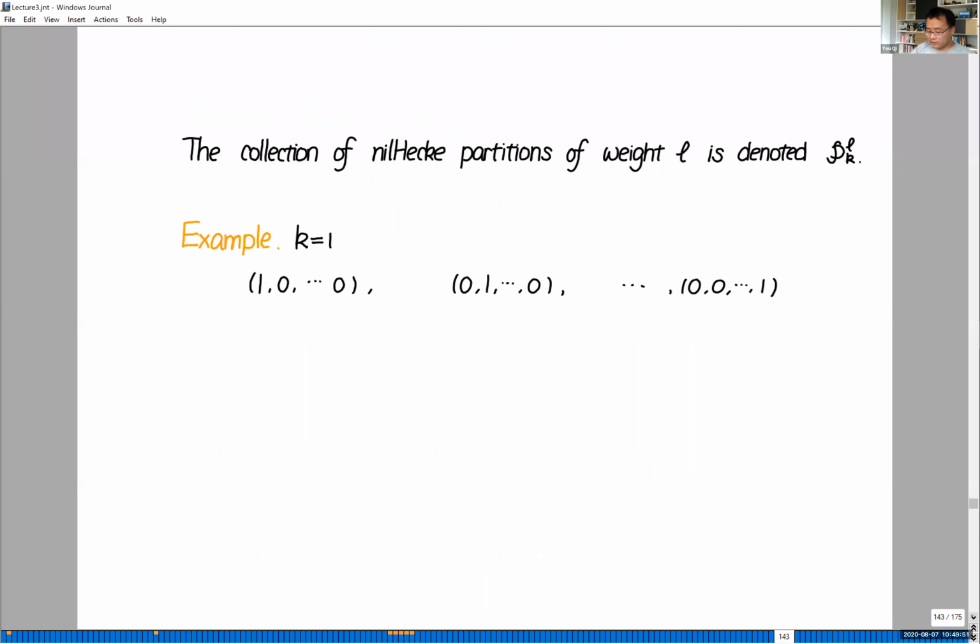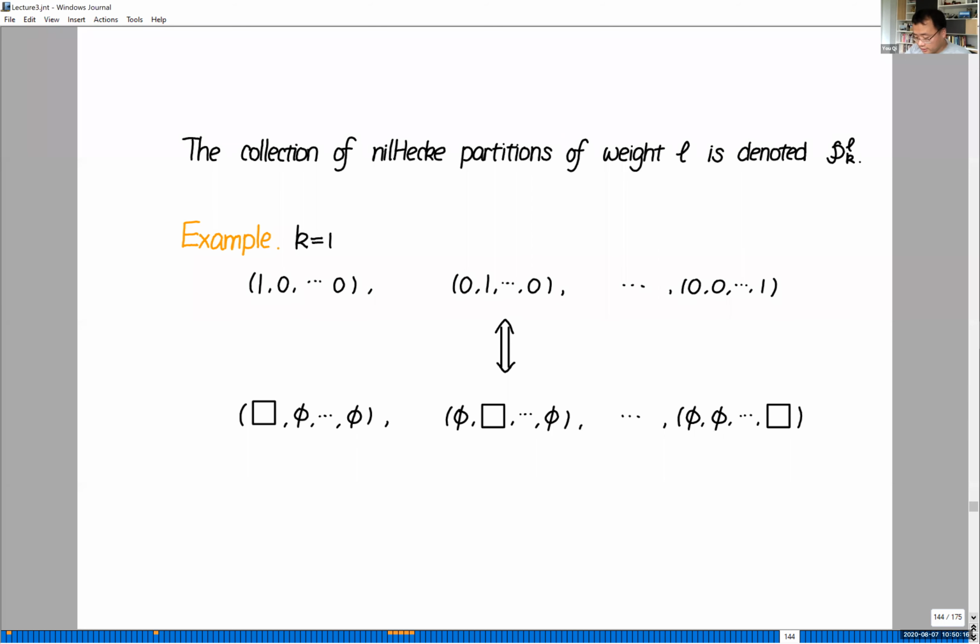For instance, when K equals 1 and L is fixed, you can just choose a spot among the L numbers and put 1 there. Translated into Young diagrams, it's empty slots everywhere except in one position, the ith position.